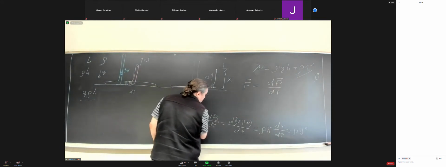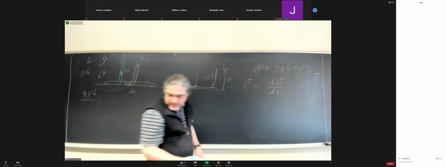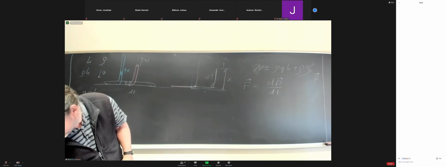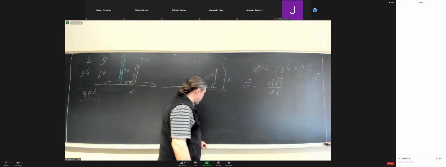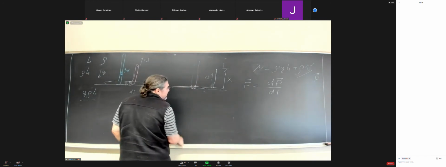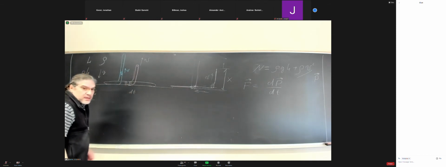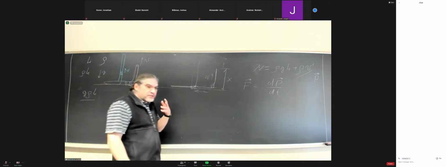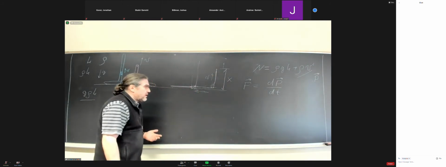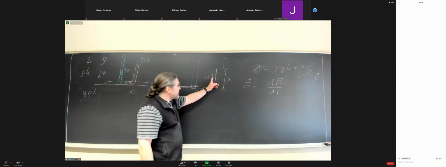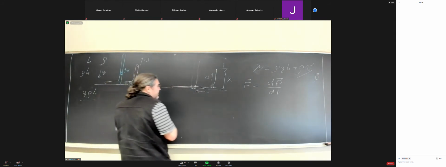Okay. So that's the first point of that problem. And now the second one. We need to compute what force must act on the snake in the horizontal direction. Now, think about it. Let me restore the previous picture.